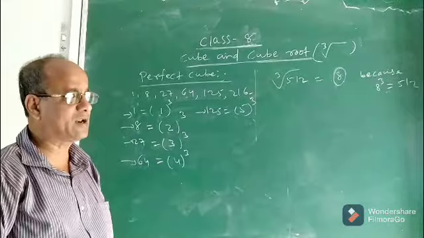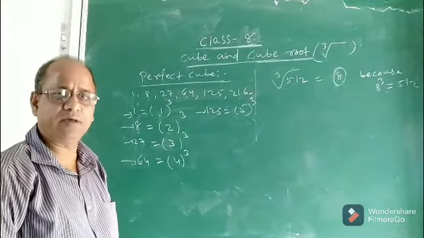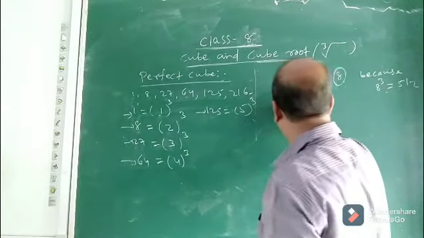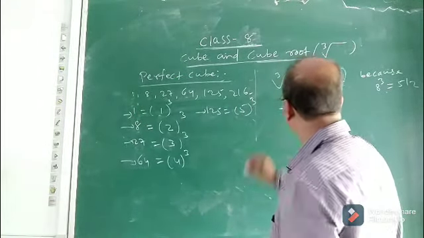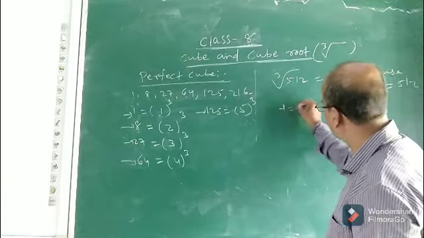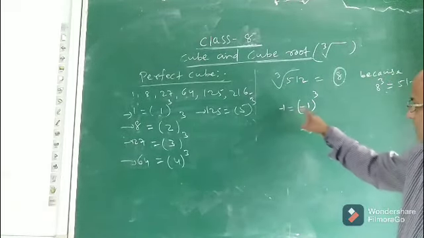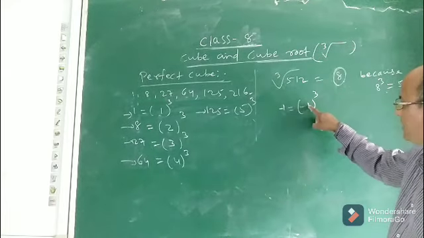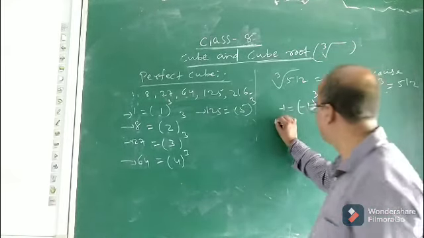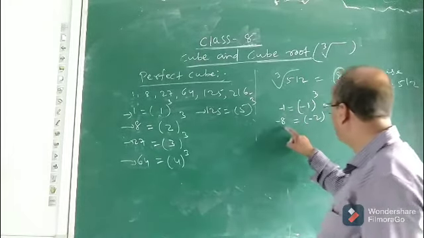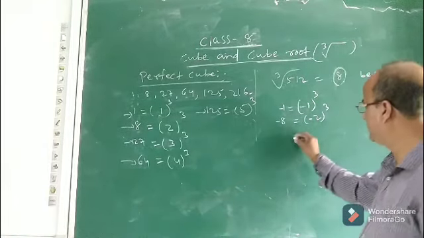So you will ask me, sir, can they be the cube of negative integers? Yes, I am giving an example. If I take minus 1, minus 1 is the cube of minus 1. Here minus 1 is a negative integer. Minus 8 is the cube of minus 2, again a negative integer.